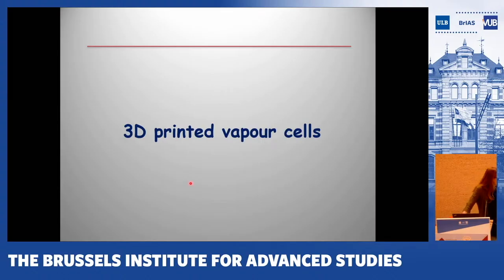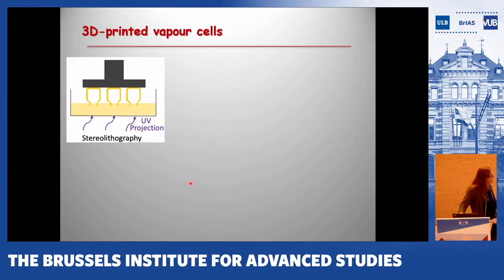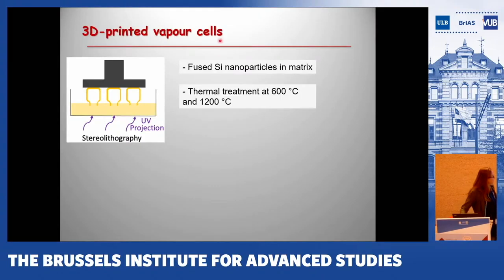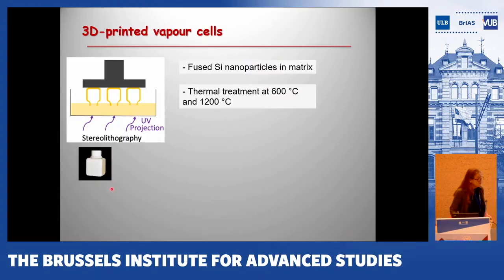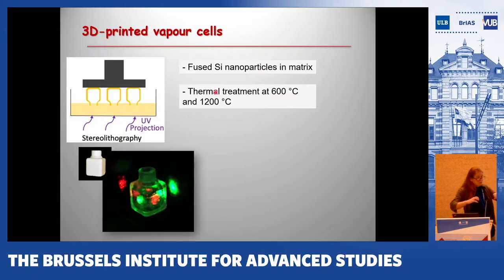The last element that we have printed are vapor cells. So here you take glass particles together in a sort of plastic matrix, and they are printed, so you get your cell that first looks like this, and then this undergoes a thermal treatment. It gets heated up to 1200 degrees, and then slowly cooled down again, and then all the plastic evaporates, and you're left over with glass.